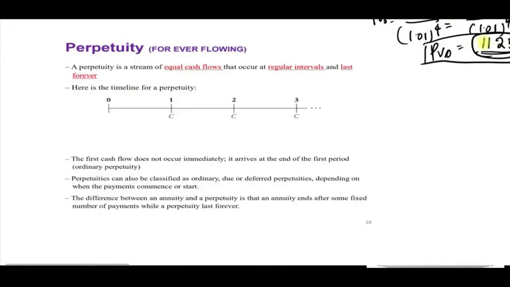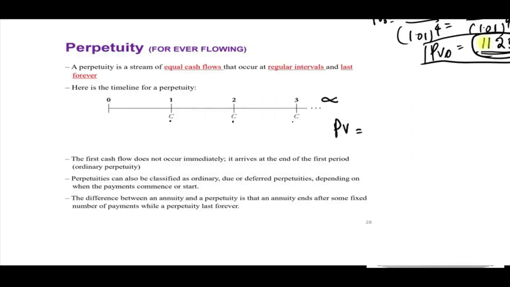The next topic is perpetuity. If in the annuity, cash flows are given but there is no time period or end of timeline, meaning it is infinity, then it becomes perpetuity. Let's see the formula of annuity.